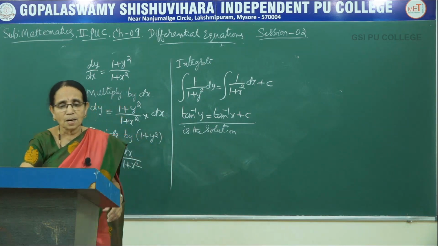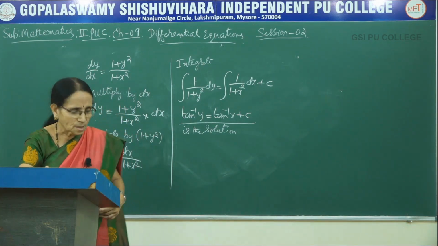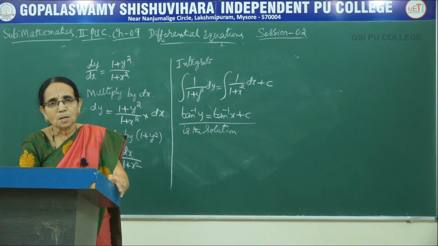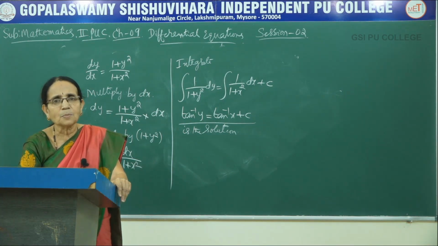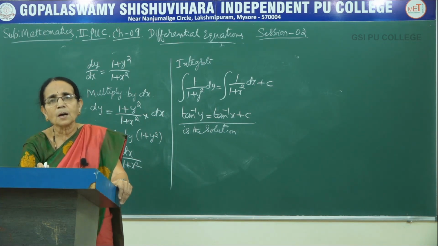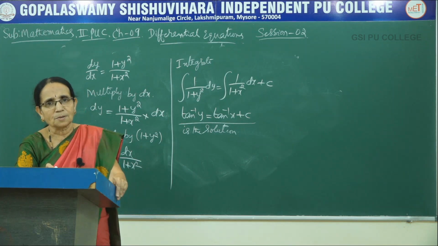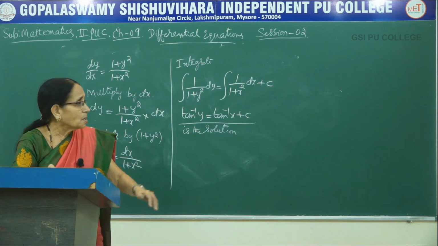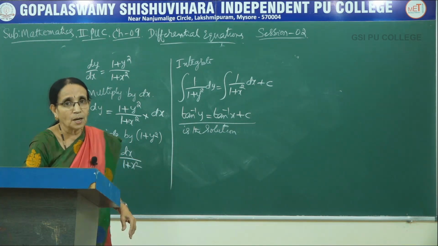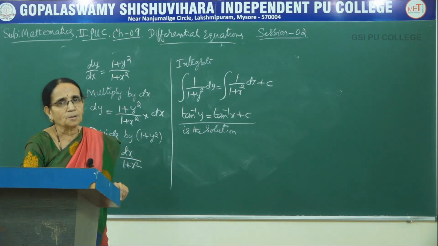But one thing I just want to tell you, you attend so many competitive examinations generally after the PUC examination, isn't it? And usually all of them have multiple choice questions. So, there may be a problem on a differential equation where you will be having 4 choices.